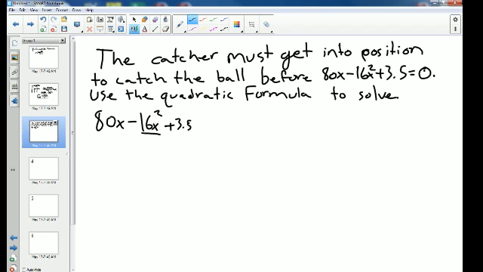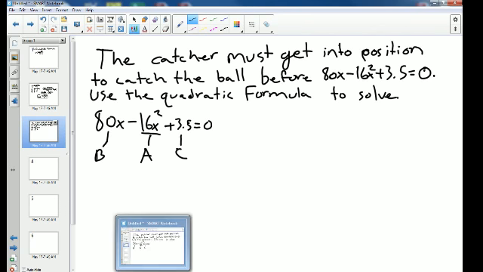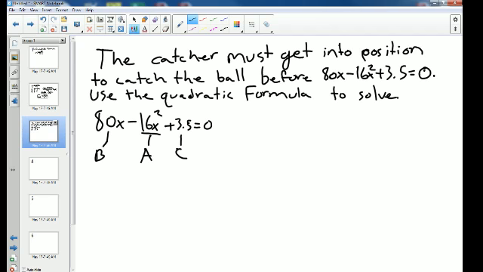The placement within the equation doesn't matter as long as they're all on the same side. So it has a square, so that's our a. Here you just have the x, that's our b. And then the remaining number is going to be our c.